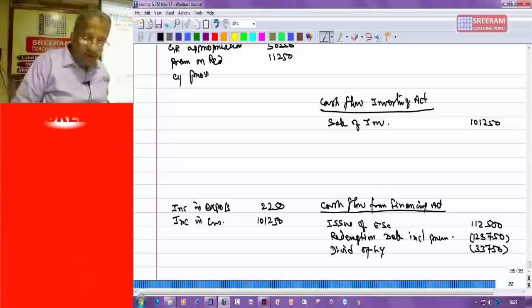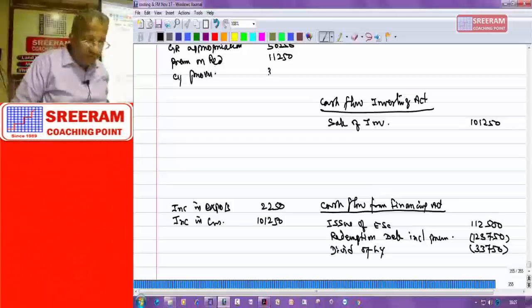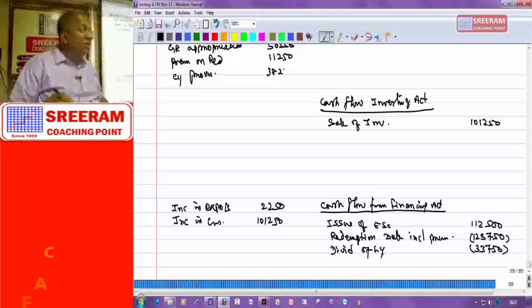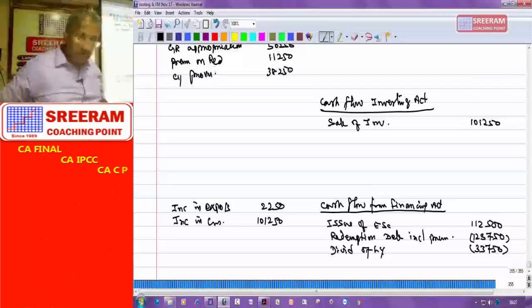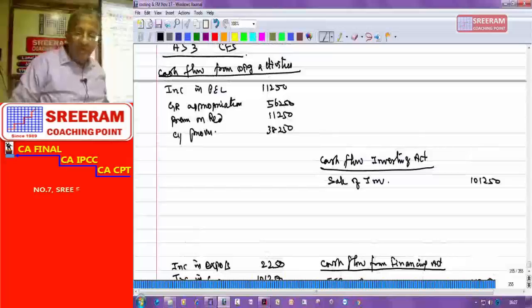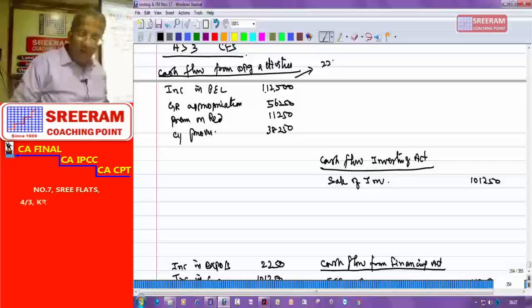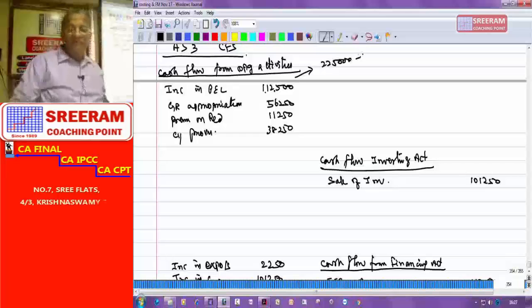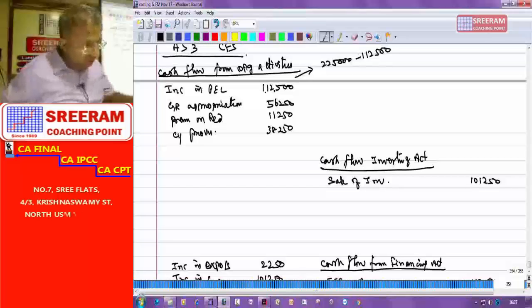This is addition to increase in profit. Therefore, it is shown as an addition. Increase in P&L account we have not taken. How much is that? 1,12,500. This is the difference between 2,25,000 and 1,12,500. Understood? So, liability is over.